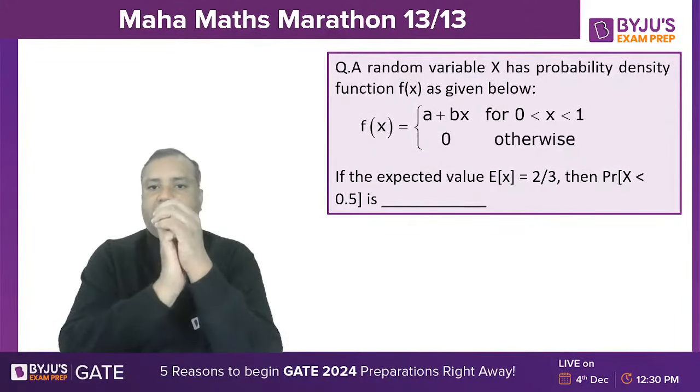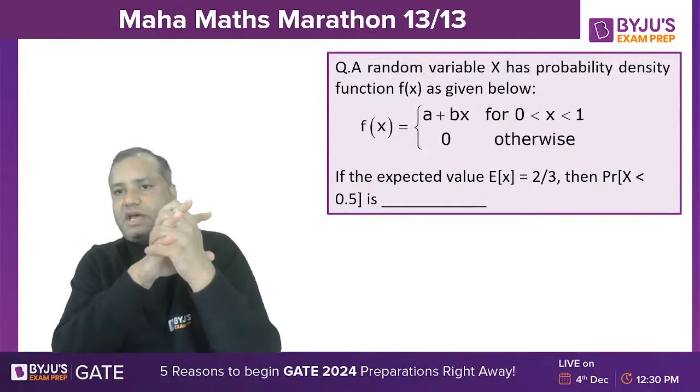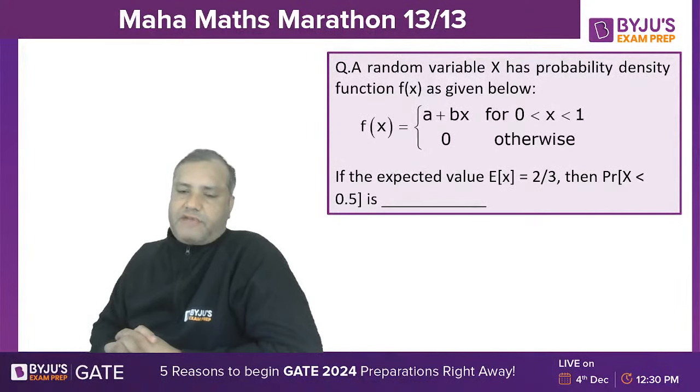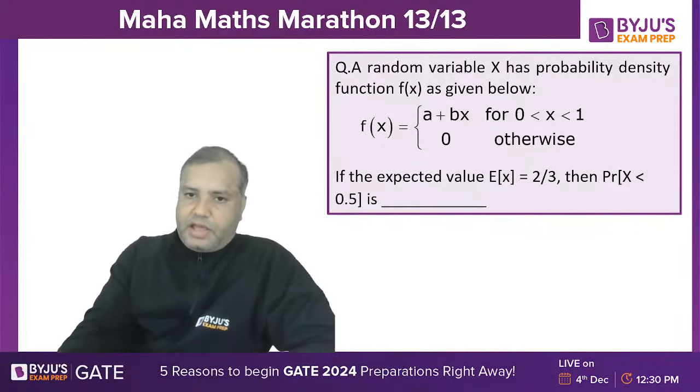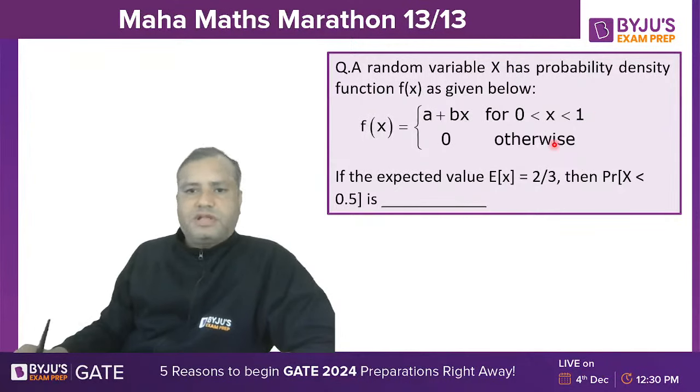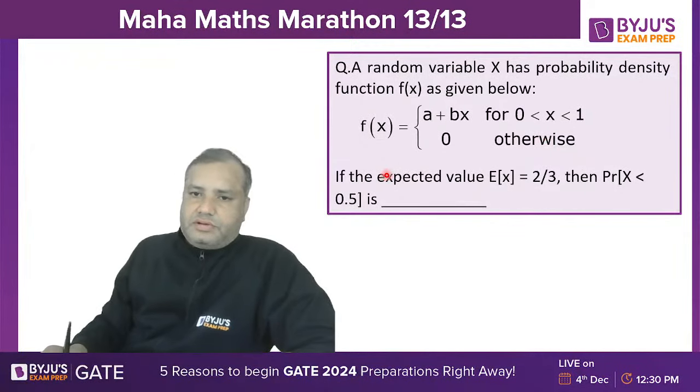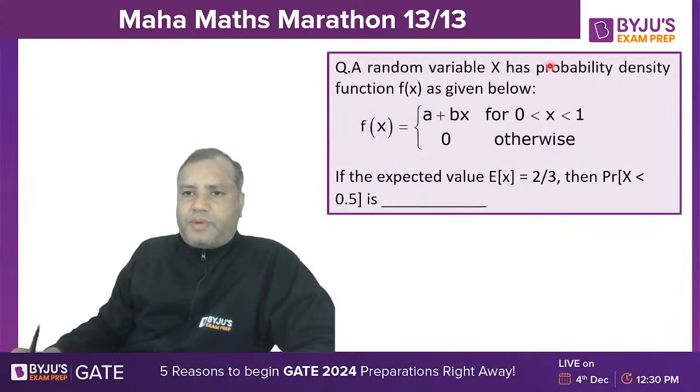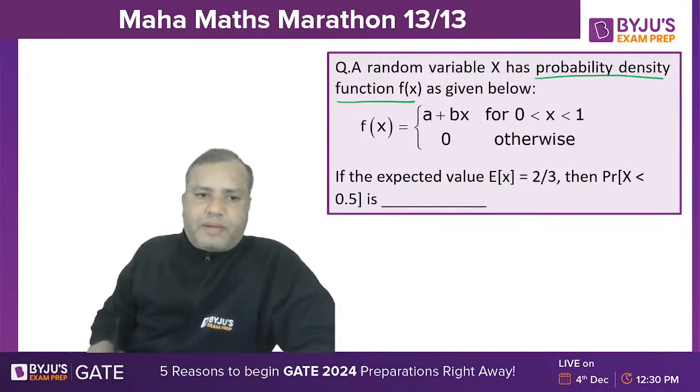Next, a random variable x has probability density function f of x as given below. F of x is given as a plus bx in the interval 0 to 1 and 0 otherwise. So students, since f of x is a probability density function, it will satisfy the property of a probability density function.